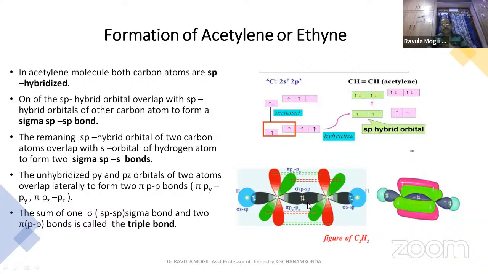So between 2 carbons, 1 sigma bond is cylindrical in nature, and the remaining 2 pi bonds are above and below the sigma bond. So this is regarding the acetylene molecule.